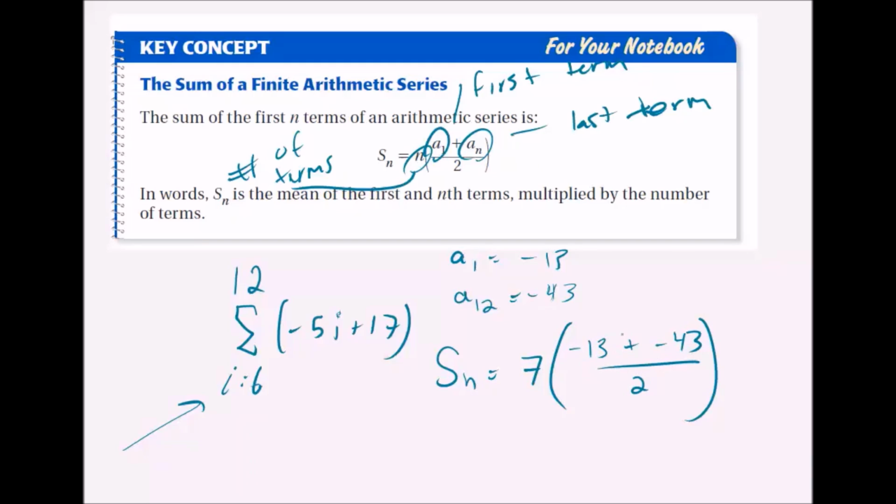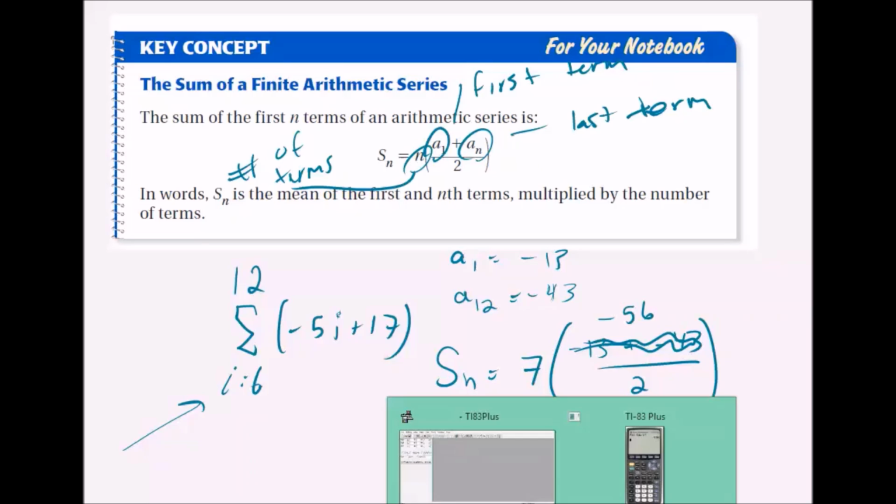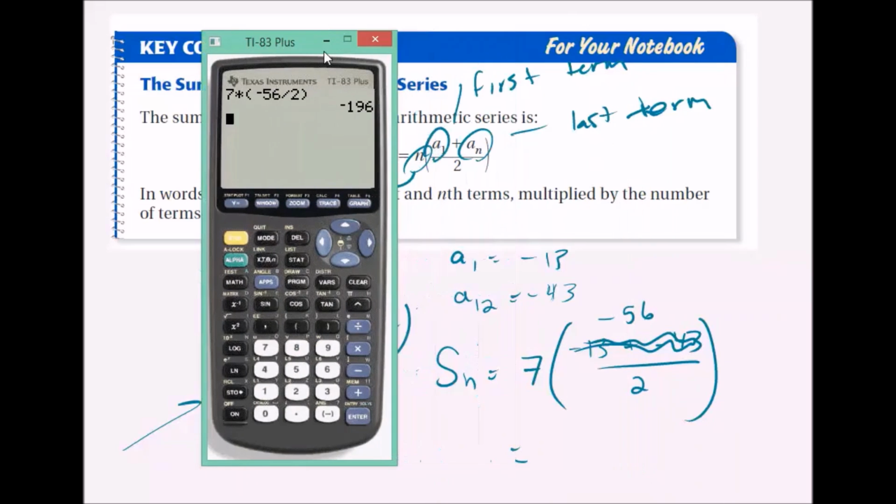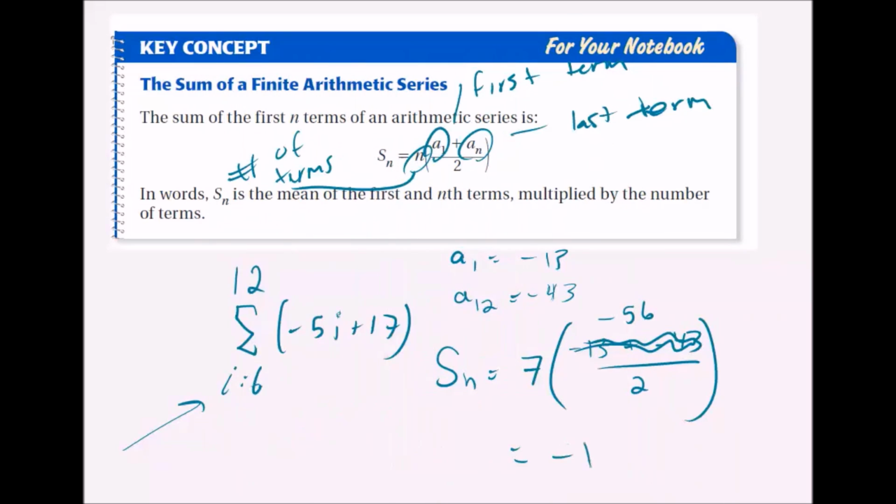Negative 13 plus negative 43 is negative 56. So 7 times negative 56 over 2, it comes up to negative 196. So the sum of this series is negative 196.